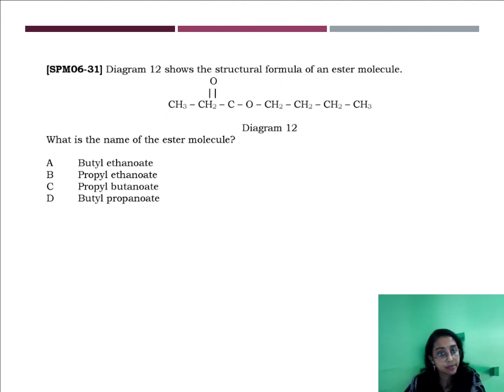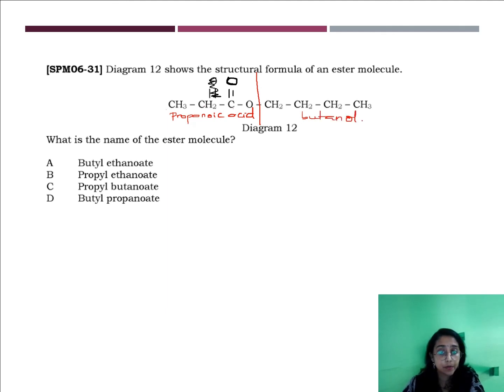Now what's the name of this ester molecules? Same thing. I think this one, the diagram have some problem with double bond. The double bond usually should be here, okay, not this. Now how to do it? As I have taught you, after the bridge, cut it off. This is the bridge, right? After the bridge, cut it off. This should be the carboxylic acid. So how many carbons there? 1, 2, 3. So 3 will be propanoic acid. How many carbons at the back? 1, 2, 3, 4. So there should be butanol, right?